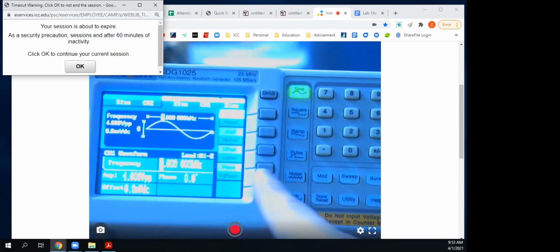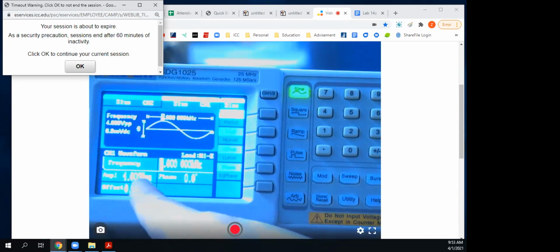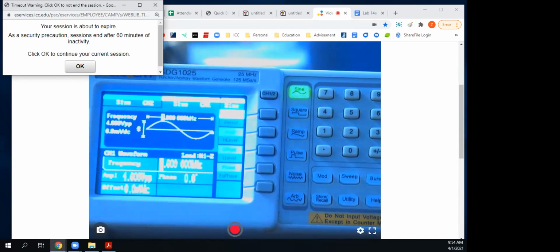Okay. So 4 volts peak to peak. And I'm not sure. We're going to have to see if we can even read 1,000 hertz on this thing, but we can try, I guess.